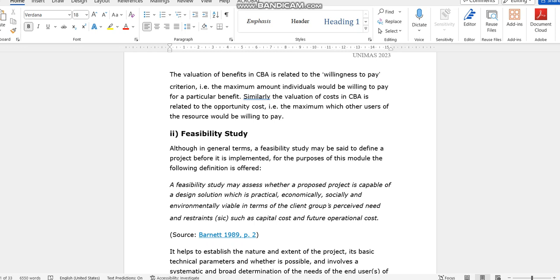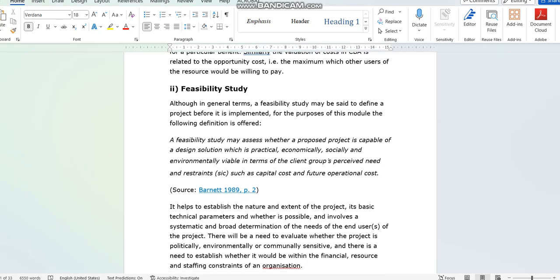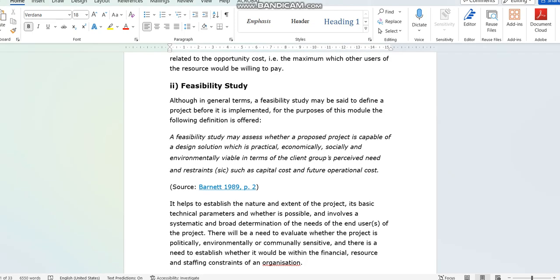And how does it meet the client's perspective, what kind of benefit it will bring, and what type of future operation cost you need to think about versus any other cost in monetary and non-monetary terms, and of course the funding of the project, the sponsorship of the project, and also the profitability of the project. So this is what a feasibility study is all about, you see.